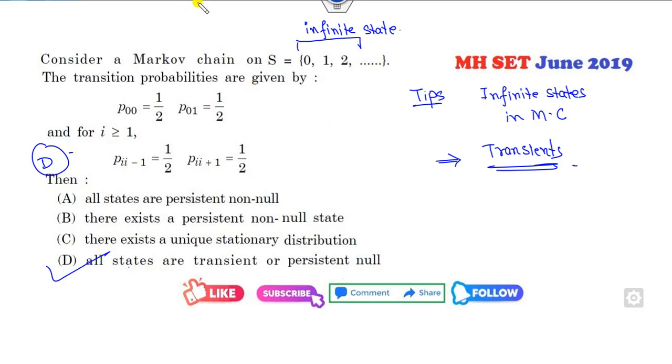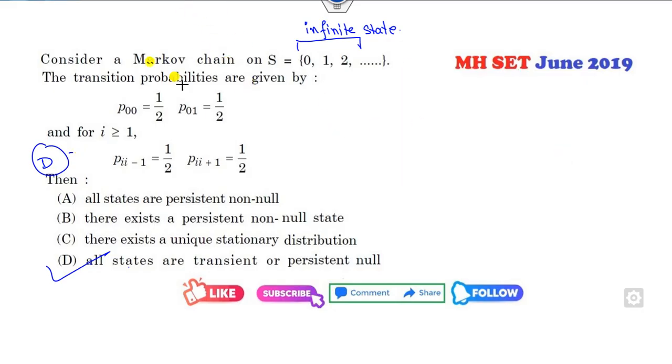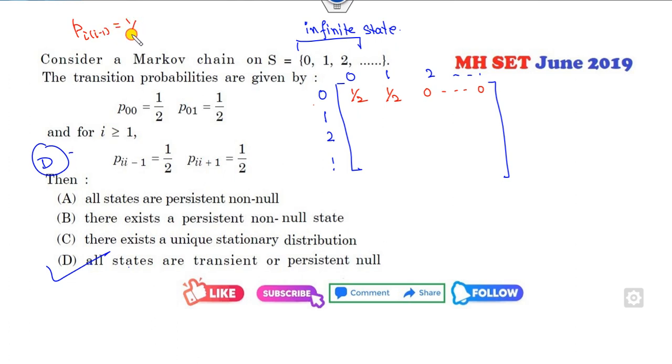Otherwise, if you want to draw the diagram also, you can complete the diagram. There is no issue. So 0, 1, 2 and so on. What is P00? Half. P01, half. The rest values: the meaning of this is P(i, i-1) is half.